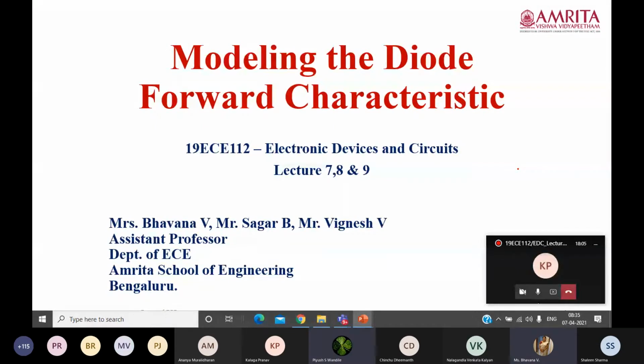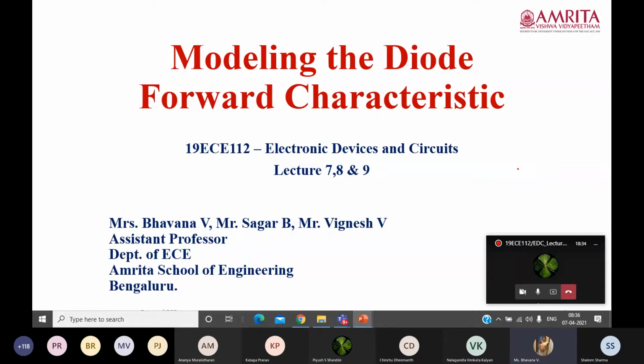What is the difference between small v and VT? VT is the thermal voltage, ma'am. It depends on the temperature, and small v is the diode terminal voltage. Can you give me the relationship between VT and temperature? With respect to Boltzmann constant and all, one equation is there, no?